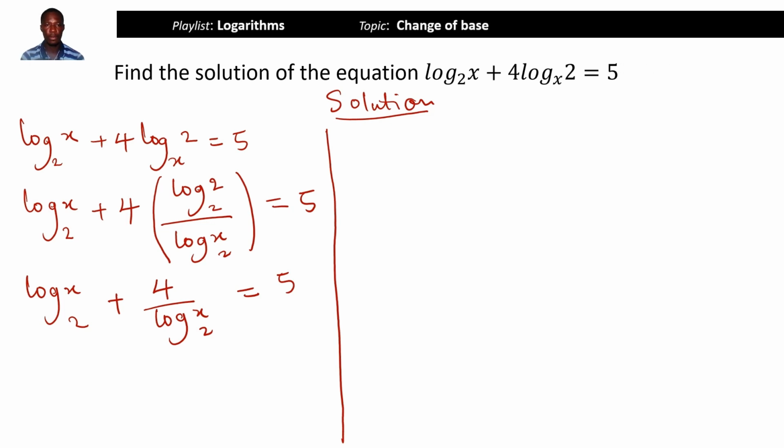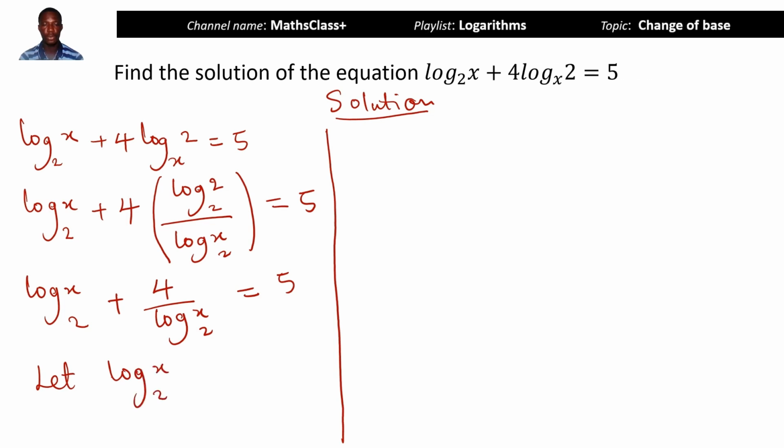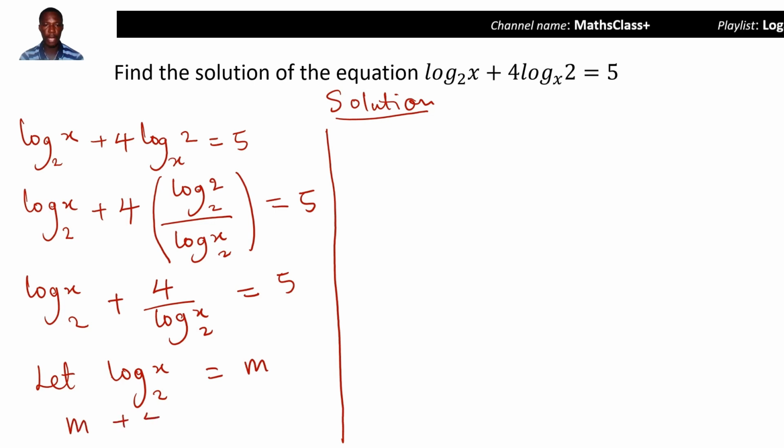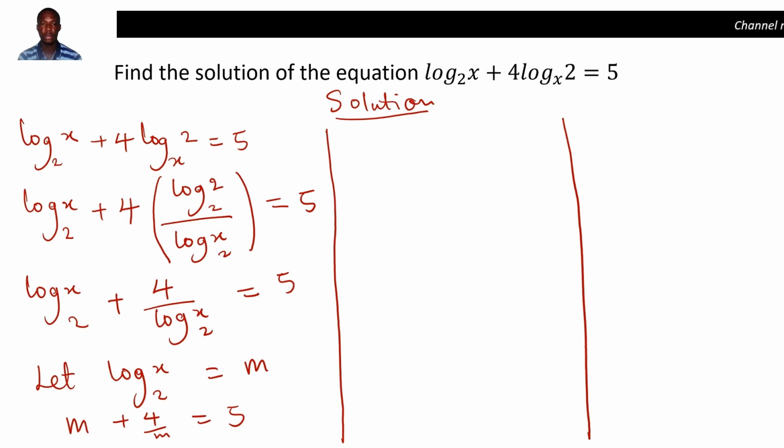Okay, so from here I will let log x to the base 2 be equal to m. If that happens, my equation becomes m plus 4 over m is equal to 5. So from here I'll clear the fraction, and that I'll multiply through by m.